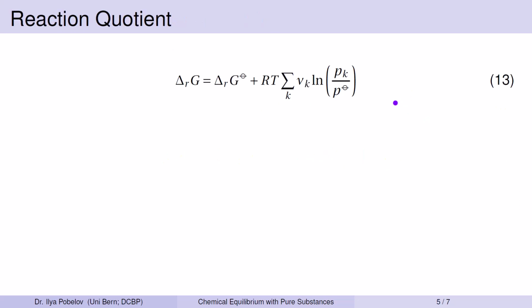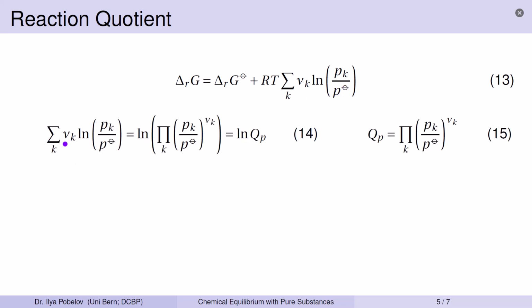Starting from the expression for the reaction Gibbs energy, we notice that the term involving the logarithm of the partial pressures can be reformulated. Instead of summing up individual logarithms multiplied by stoichiometric numbers, we can express this as a single logarithm. Specifically, it's the logarithm of the product of each partial pressure divided by the standard pressure, each raised to the power of the stoichiometric number.